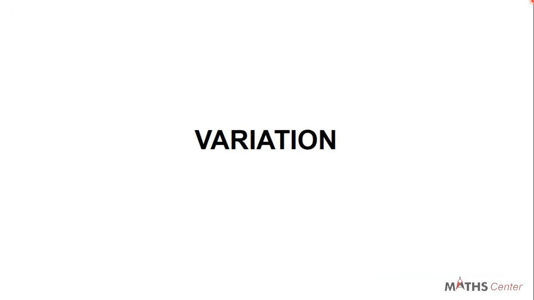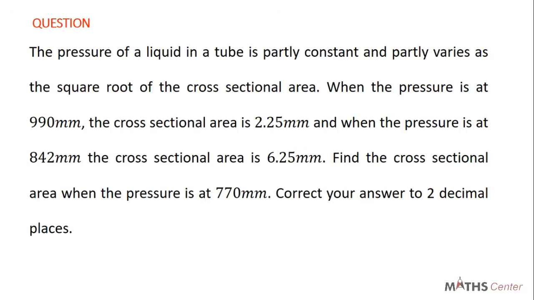In the previous video, we solved a question on partial variation. In this video, we are going to solve another question. The question for this video is: the pressure of a liquid in a tube is partly constant and partly varies as the square root of the cross-sectional area.